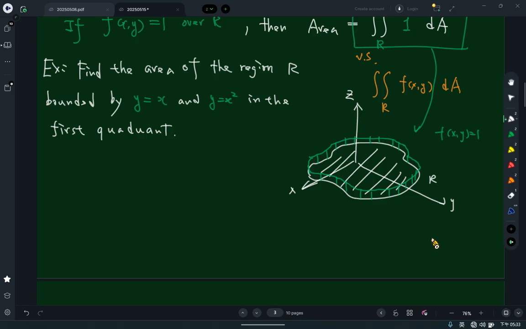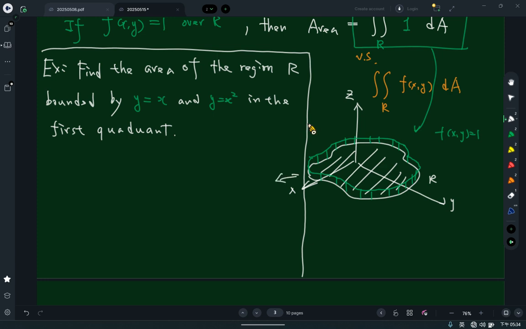So this is the example. Try to find the area of the region R bounded by y is equal to x and y is equal to x squared in the first quadrant. I hope you can have a comparison of this.